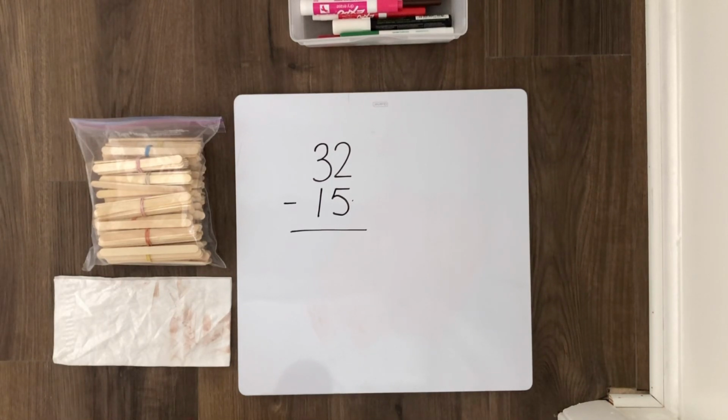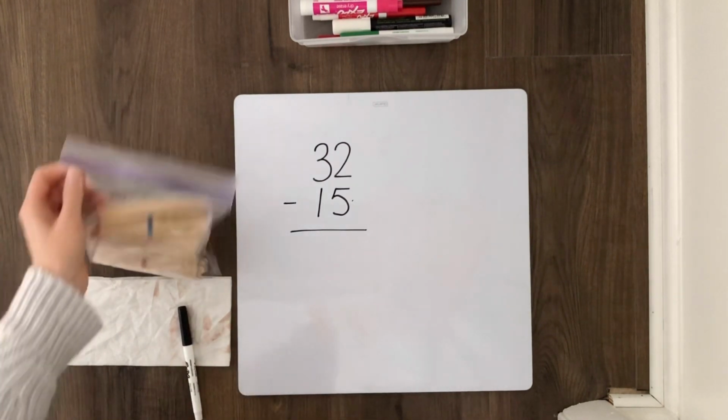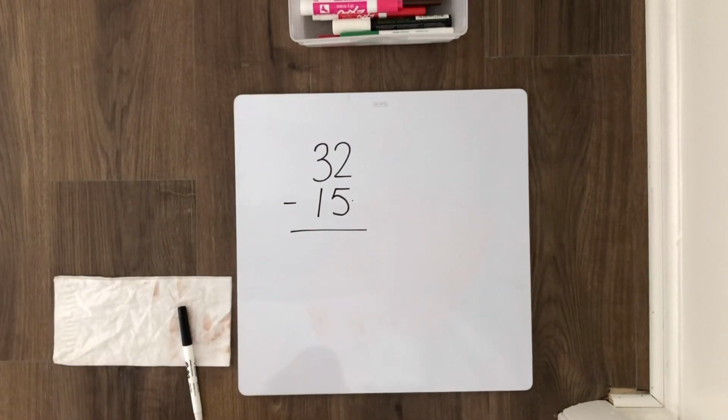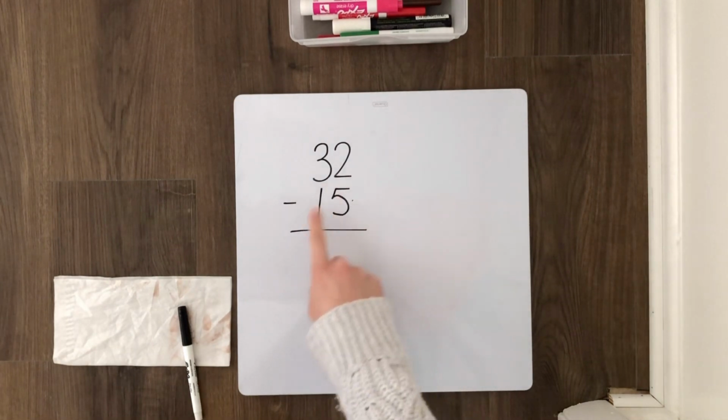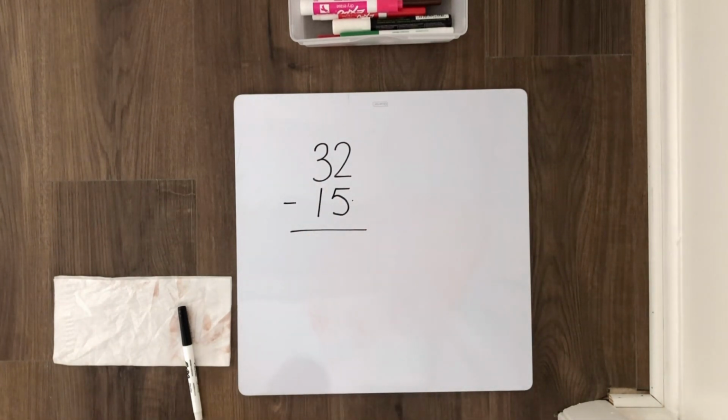Please do not solve it yet. We're going to use our popsicle sticks as an example. If you need to pause the video at any time so that everyone can get caught up, it's okay to do that. I'll be moving a little bit fast, so we can pause the video and wait for everyone to have 32 minus 15 written on their board.